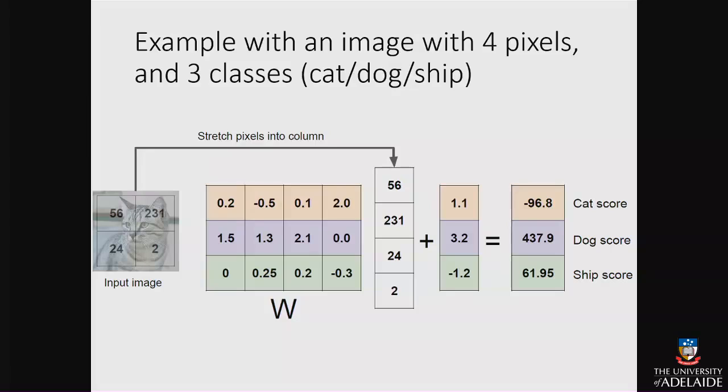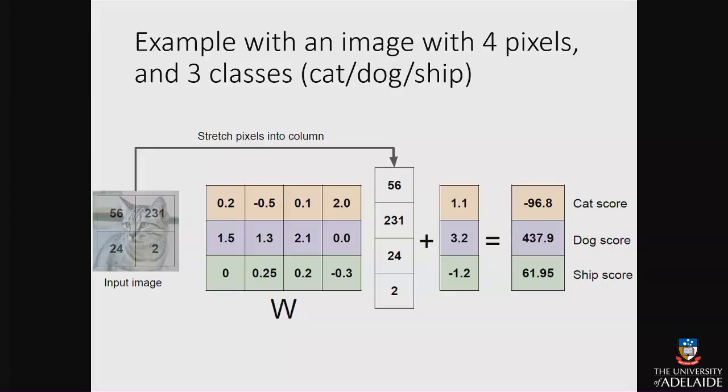So that means if you use this W and B, the prediction of this classifier will tell you this input image is a dog, right? Of course, it's not right. We know it's a cat. So we need to adjust this W and B to make it predict a cat.